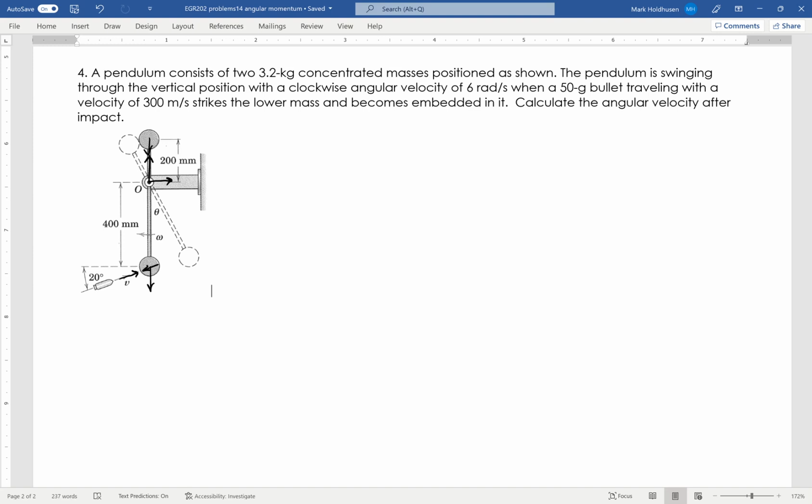So what I have here is the sum of the RMV1s, basically, I'll say about point O, equals the sum of the RMV2s about point O. So angular momentum is conserved about point O for the entire system. The entire system gets rid of the impulse between them, and then doing about point O gets rid of the impulse at point O. Okay, so from that we can just go ahead and start writing this.